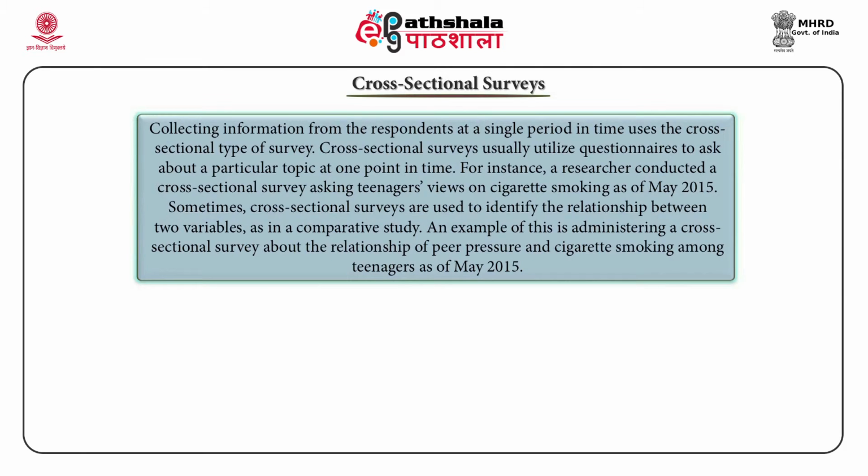For instance, a researcher conducts a cross-sectional survey asking teenagers' views on cigarette smoking as of May 2015. Sometimes cross-sectional surveys are used to identify the relationship between two variables, as in a comparative study.